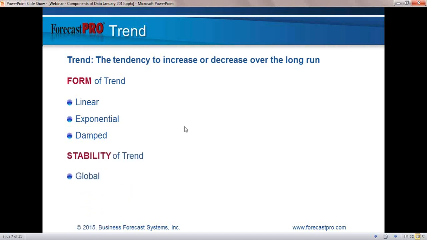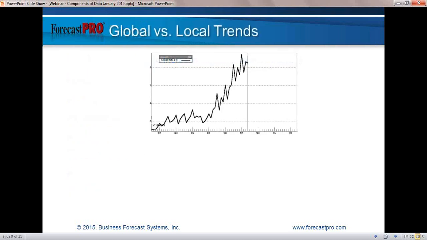The other thing we want to look at when we're looking at trends is, are they local or are they global? The concept here is that if something is global, it's from start to finish, an unchanging trend. If something is local, then it's changing in time, and we want to emphasize more recent history more strongly than the past history.